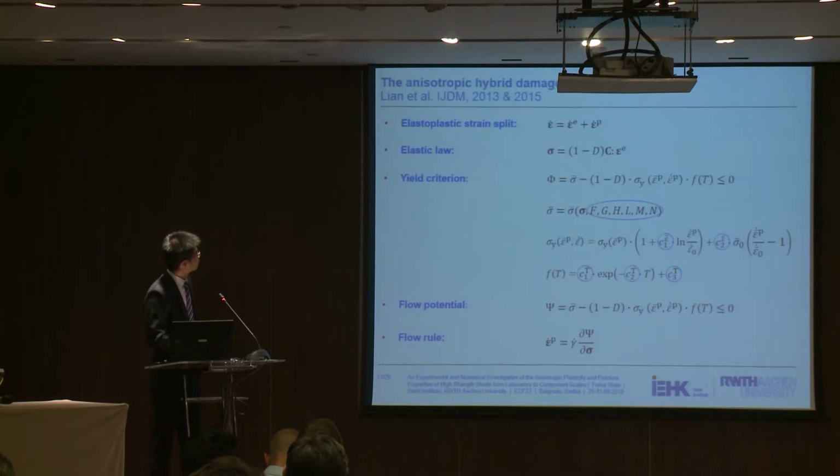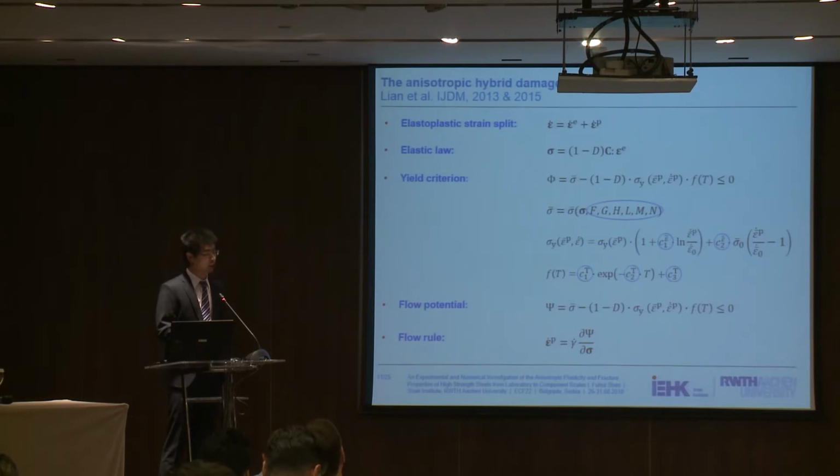And for the damage mechanics model, we used a hybrid damage mechanics model, a modified version of the Bai-Wierzbicki model, as explained by my colleague earlier. We have a scalar damage variable D to describe the damage-induced softening and fracture behavior.